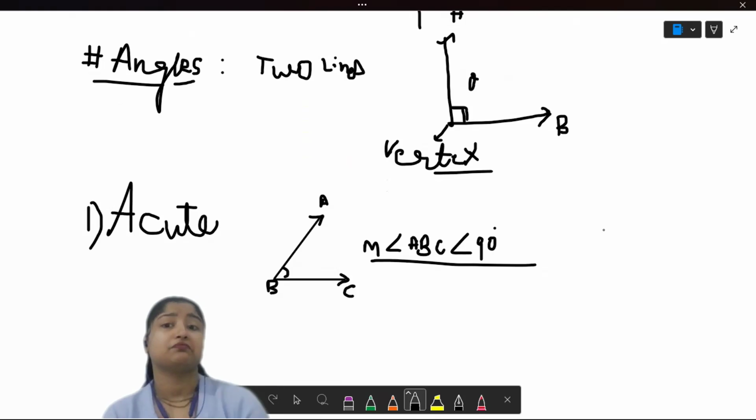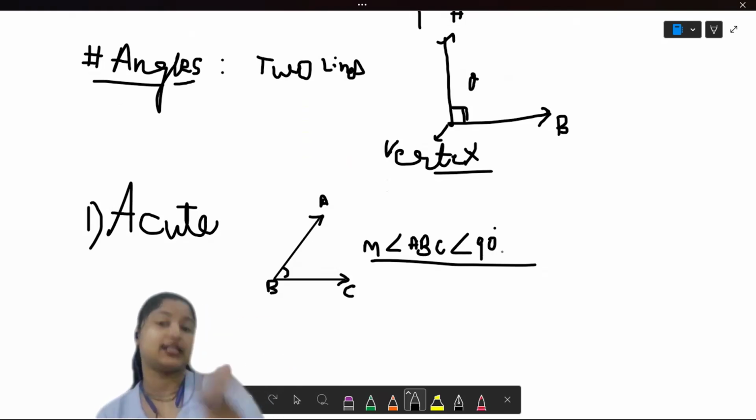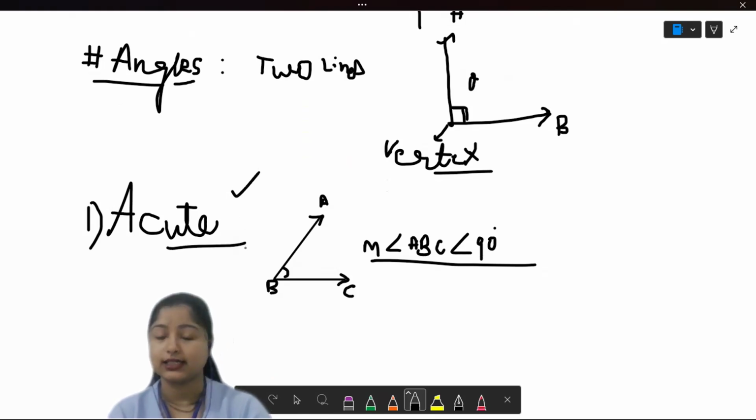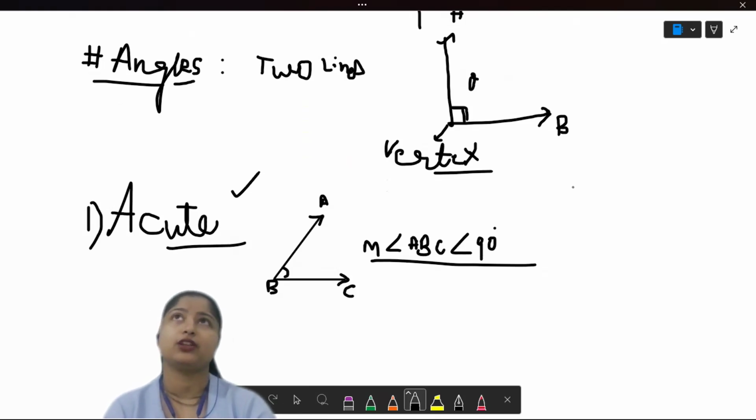Now, it can be up to 89, right? Because it's just less than 90, not equal to 90. So we have to say they are not equal to 90, they are less than 90. So acute angles, which form an angle measurement of less than 90, are called acute angles. It can be whatever measurement you want to say, for example 45 degrees or 60 degrees.